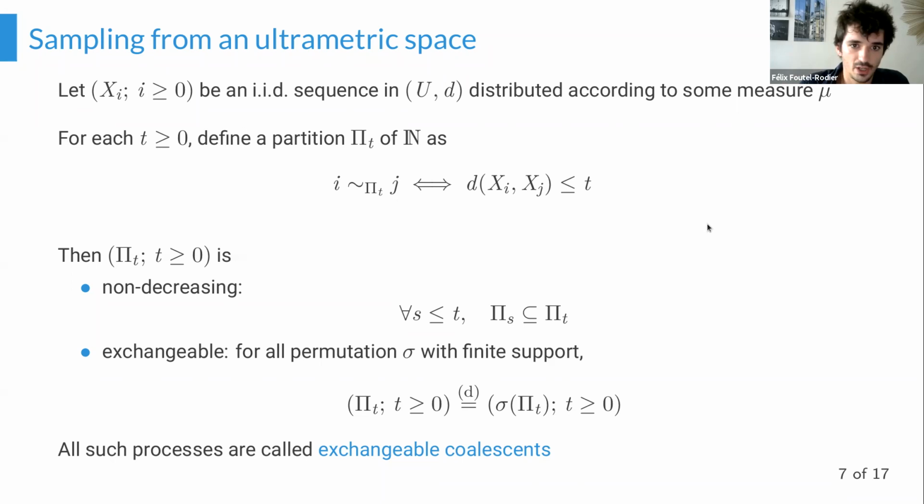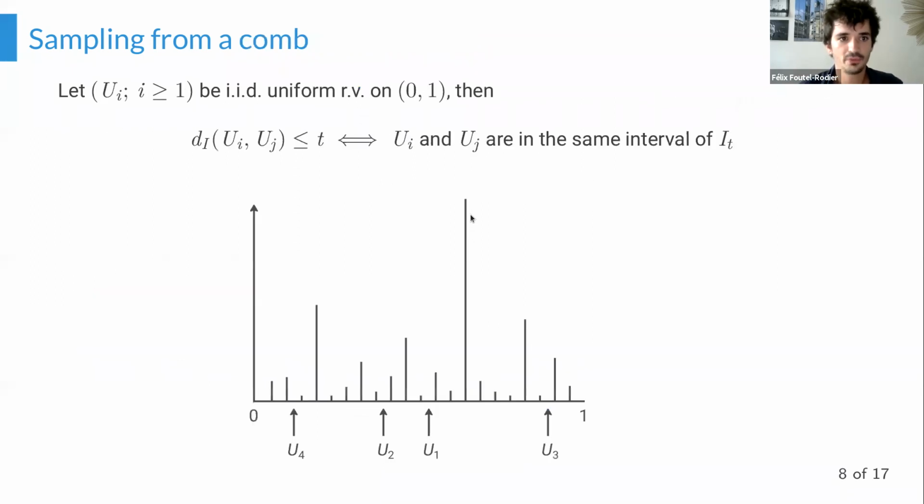Okay, so now let me rephrase this construction, but in the world of comb metric spaces. So now suppose that I have a comb metric space. First of all, this space is naturally endowed with the Lebesgue measure on [0,1]. So it's quite natural to consider that the sampling measures will just be IID uniform random variables on [0,1].